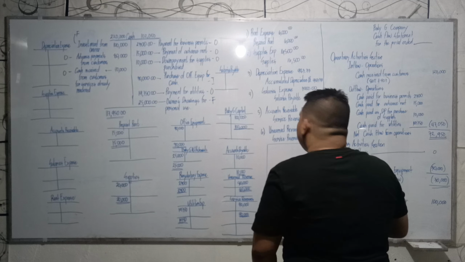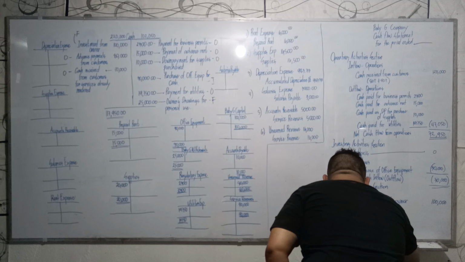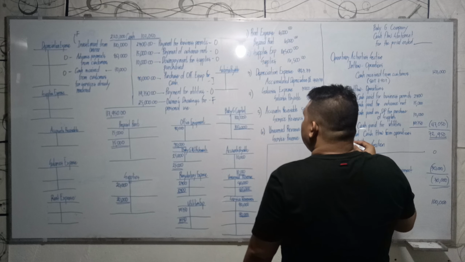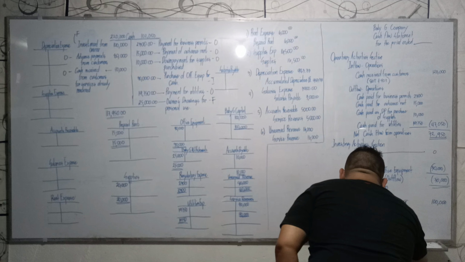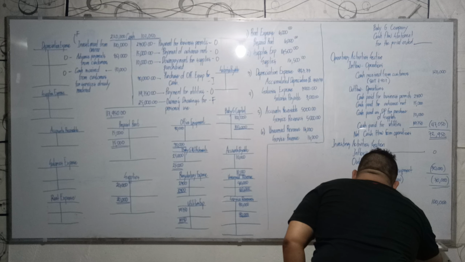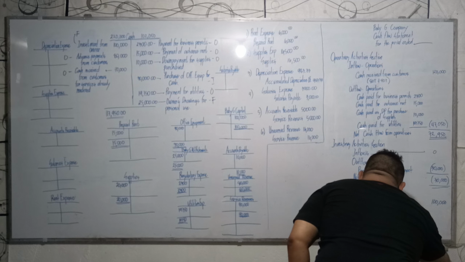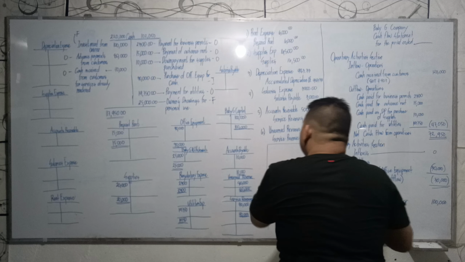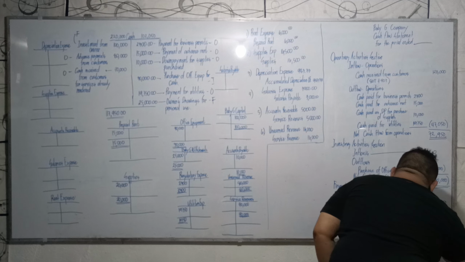And you have withdrawal as an outflow. Drawings by the owner. The drawings by the owner is 25,000.